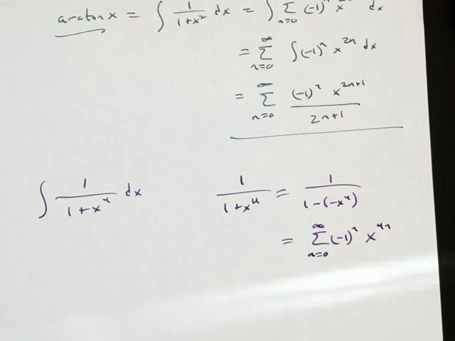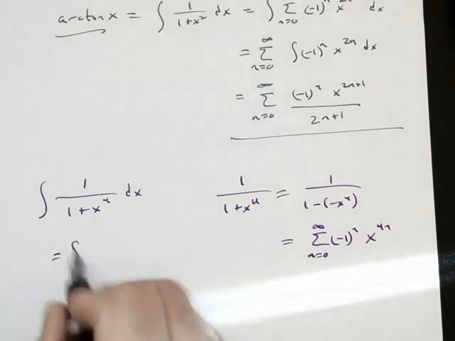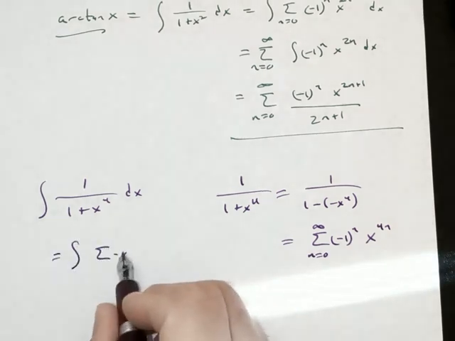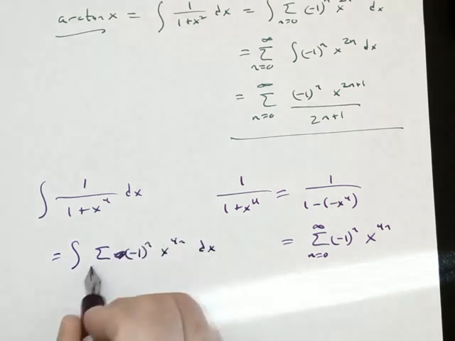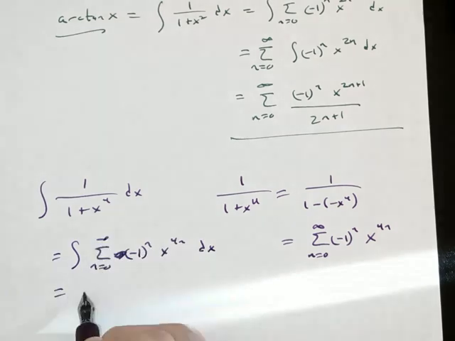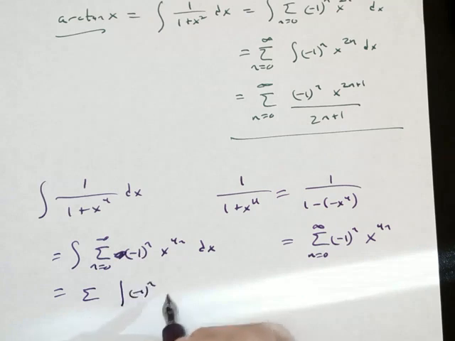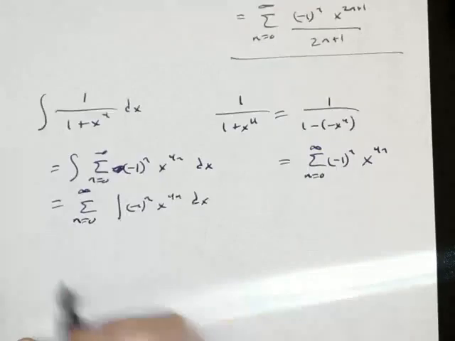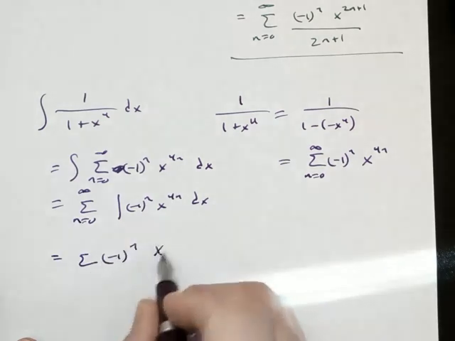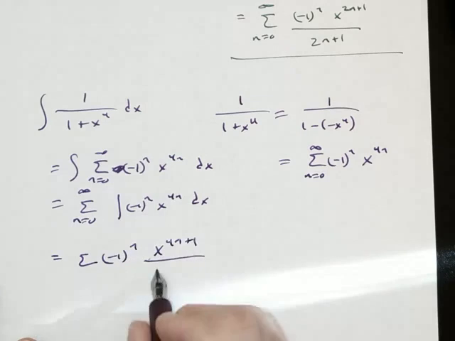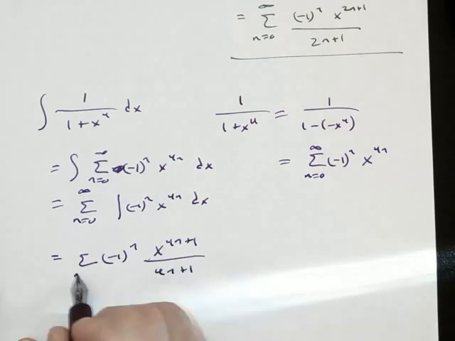So don't do the integral as 1 over 1 plus x to the 4th. Do the integral in a power series. And that is a directly computable integral. x to the 4n plus 1 over 4n plus 1.